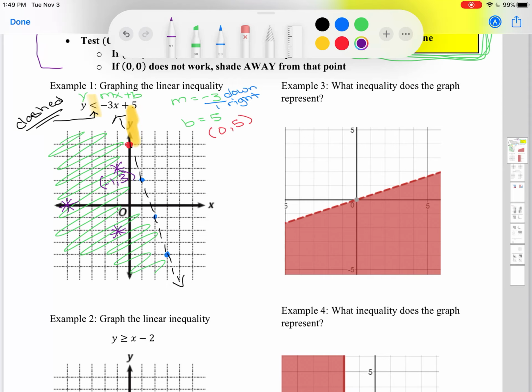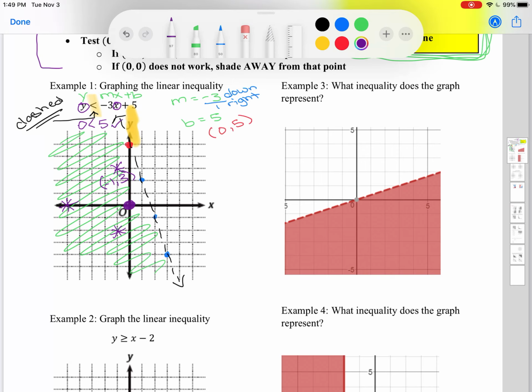Any one of these coordinates, if I were to test them, is going to make this statement true in the equation that I had. If I plugged in -1 for x and 3 for y, it's going to come out true. That's how we know which side is going to get shaded.